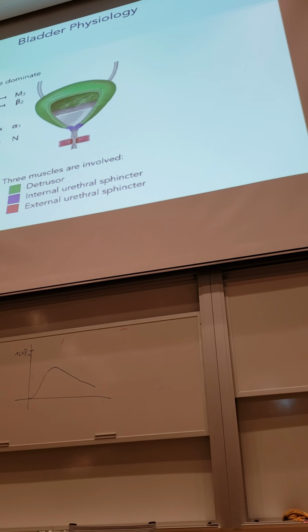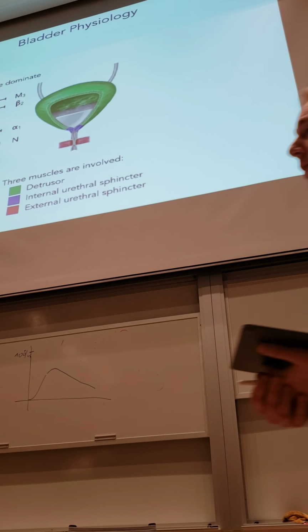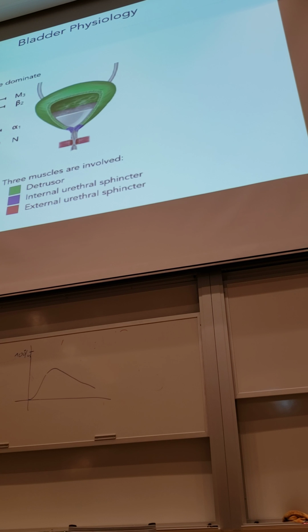All right, so this is the last slide I'll leave you with. During filling, we have what is referred to as sympathetic tone, like we have on our blood vessels. What does sympathetic tone do to our blood vessels? There's a slight degree of constriction, right? Well, here, sympathetic tone is acting on beta 2 receptors.